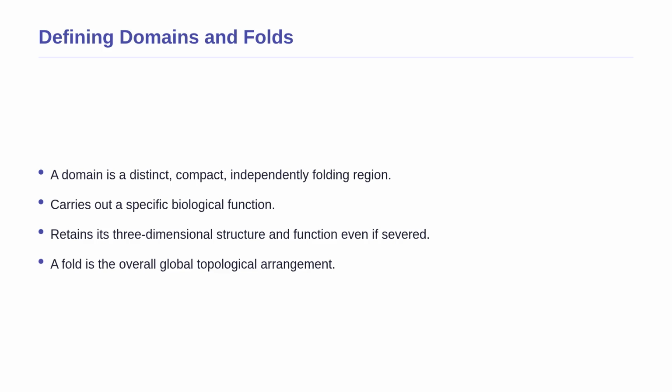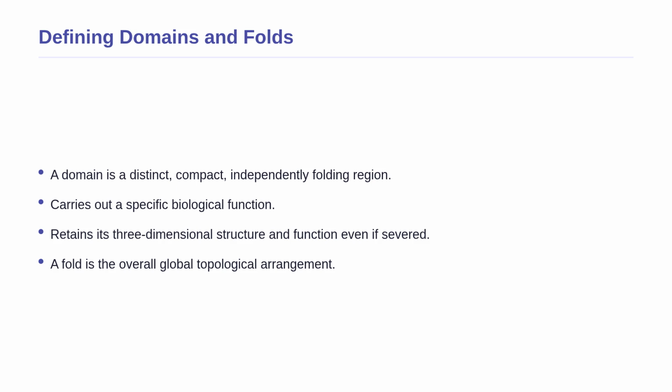Moving up the structural hierarchy from motifs, we arrive at domains and folds. A domain is a distinct, compact, and independently folding region of a polypeptide chain that usually carries out a specific biological function. Unlike a motif, if you were to sever a domain from the main protein, it would typically retain its three-dimensional structure and its function.